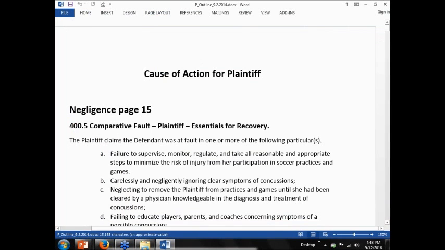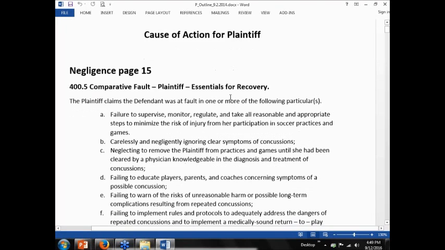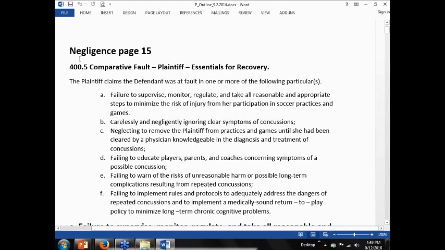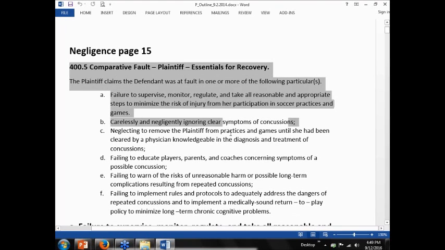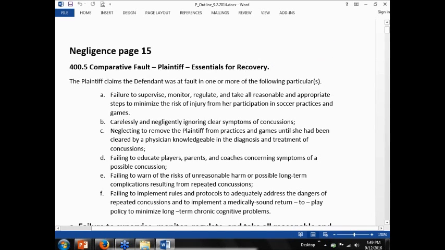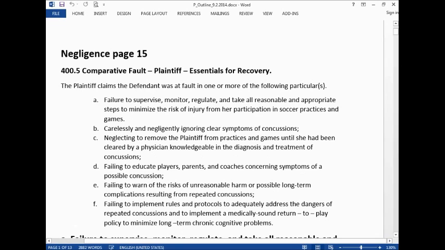Okay, thank you. So this is an example of the outline of proof that I did with my students for the 2014 middle school case. You can see here that we took directly out of the jury instructions what the... There we go.